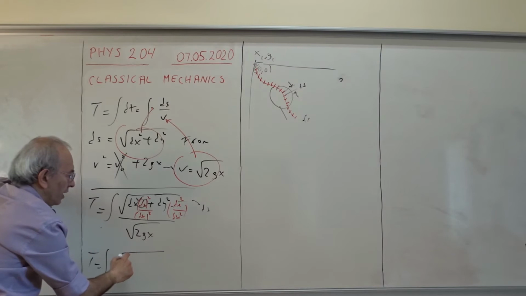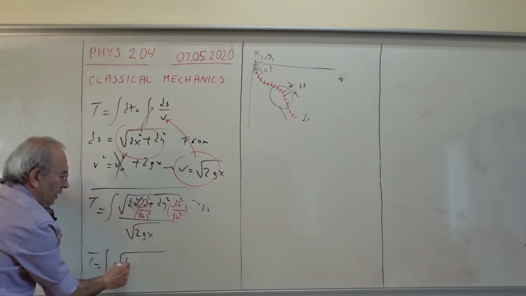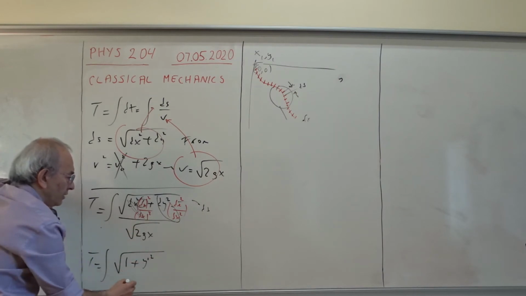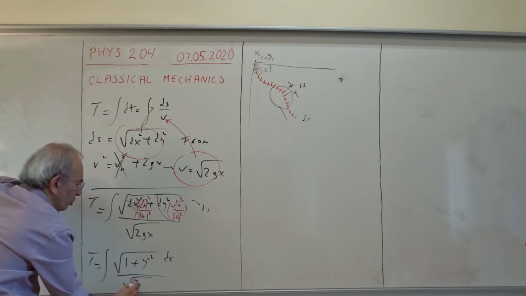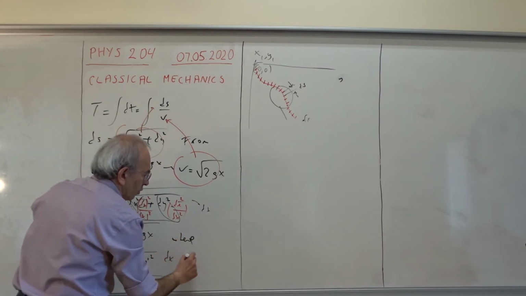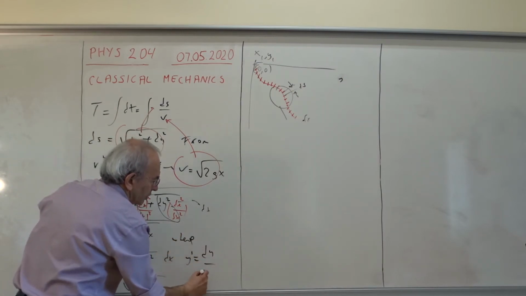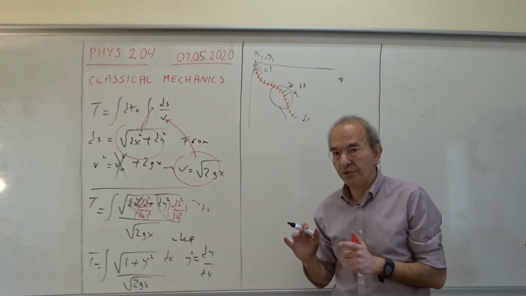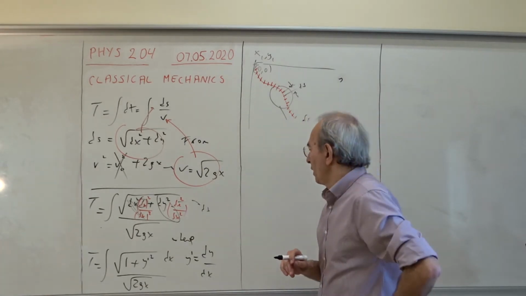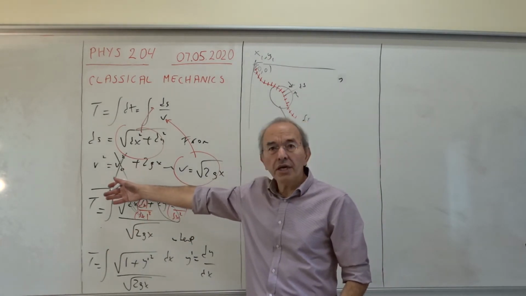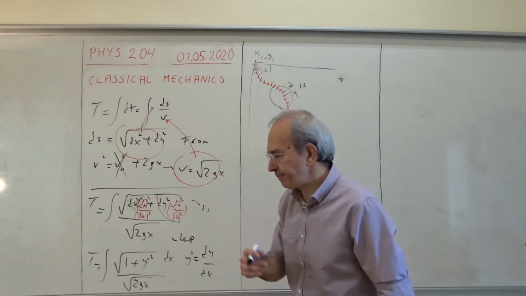In the root we have just 1 plus dy by dx squared, which is y prime squared. Outside we have a term dx divided by root 2gx. And y prime is simply the derivative of y with respect to x as usual. There is no time dependence, let me repeat. This is just for the positions. Time appears only here, as the quantity which has to be minimized.